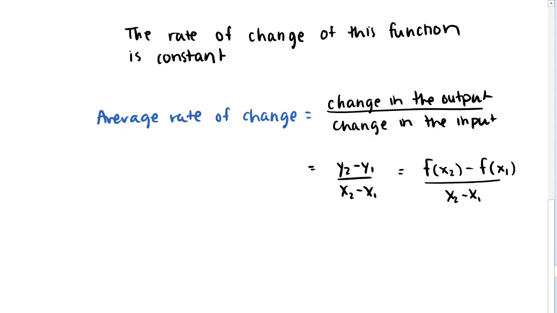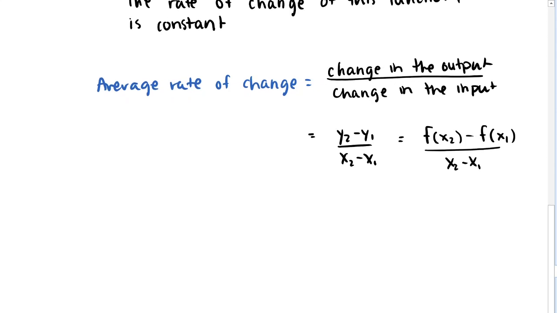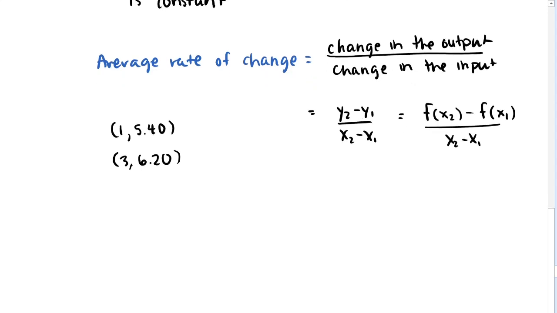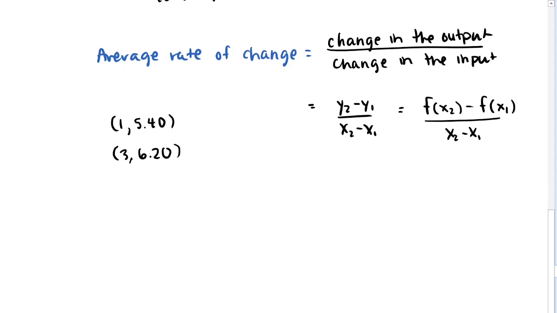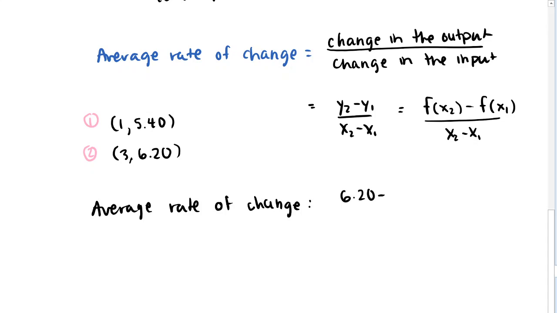If we take our 2 points above, one of them was the point (1, 540), and another one was the point (3, 620). Then we can compute the average rate of change between these 2 points. It doesn't matter which order we use. I can call this my first point and this my second point. The change in the output is the difference between the output values, 620 take away 540.